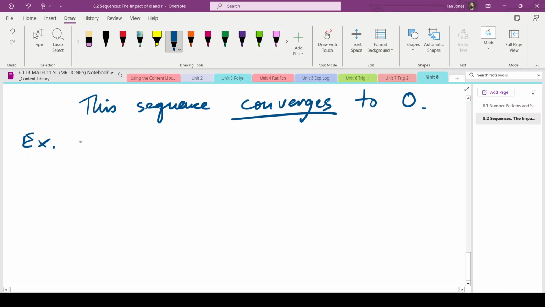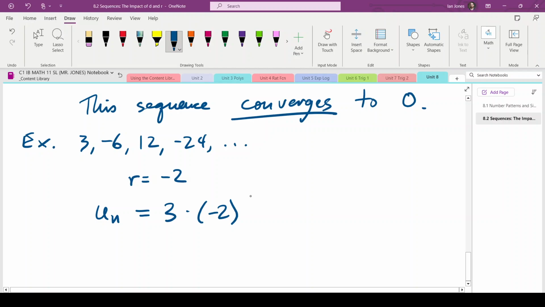We have 3, -6, 12, -24, and so on. What's the common ratio here? Well, it's -6 divided by 3, -2. We're multiplying by -2 each time. What's our general term? Well, it's the first term times -2 to the exponent n minus 1.